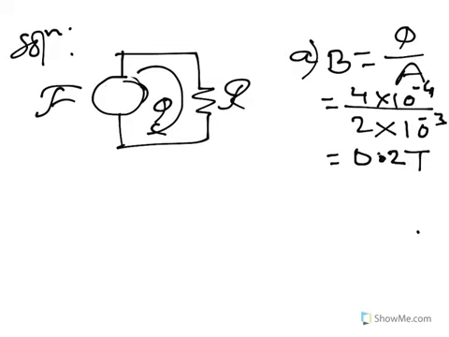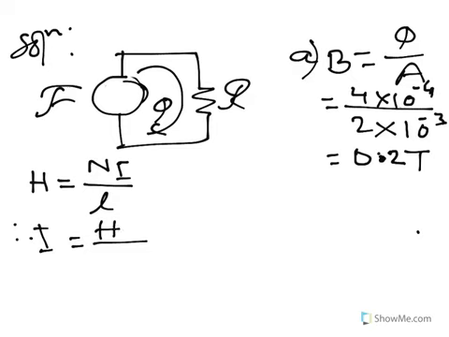Now we need to find I. We know that the magnetizing force H equals N I divided by L. So from here we can get the value of I as H L divided by N. We have the value of L and the value of N; only H we need.